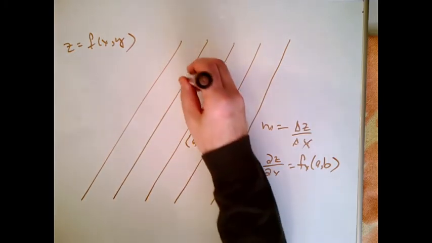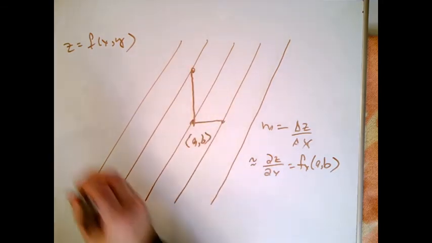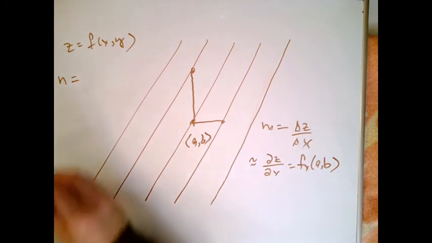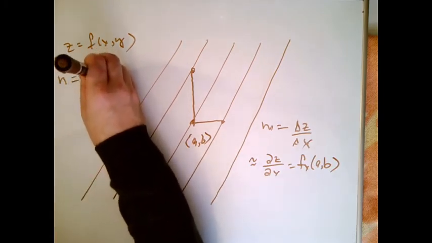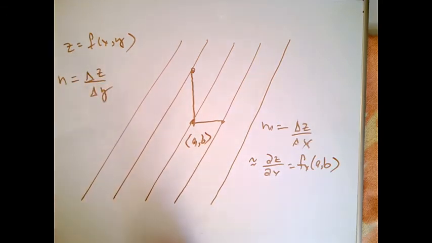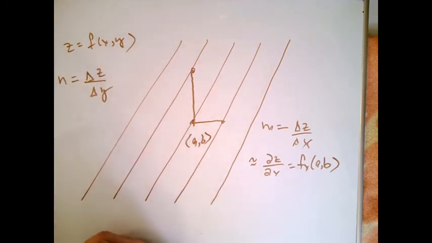If I do the y version instead, remember that normally we would call that n. And we're estimating this by delta z over delta y. And remember, the smaller delta y gets, the better. The definition of the partial derivative is the limit of delta z over delta y, as long as you're going due north, the smaller the delta y gets, the better.